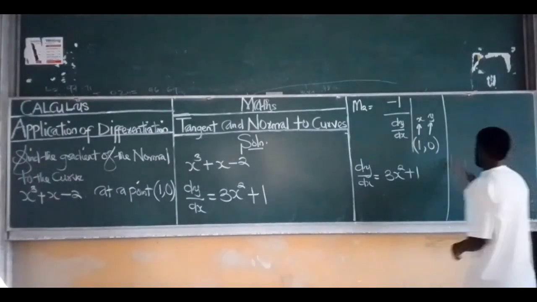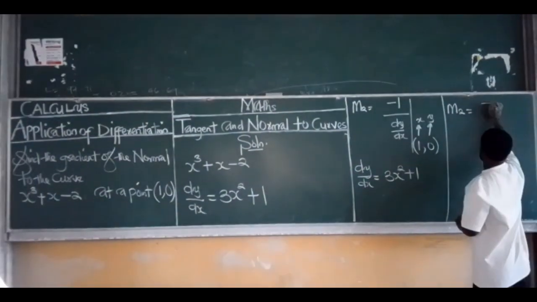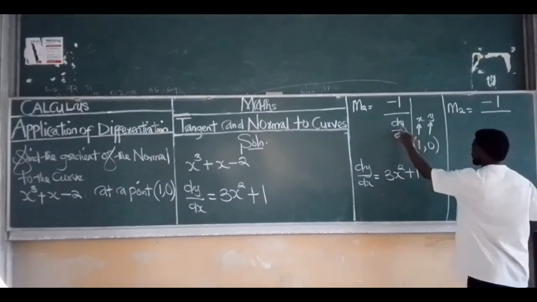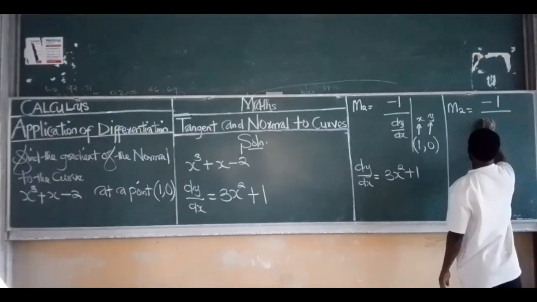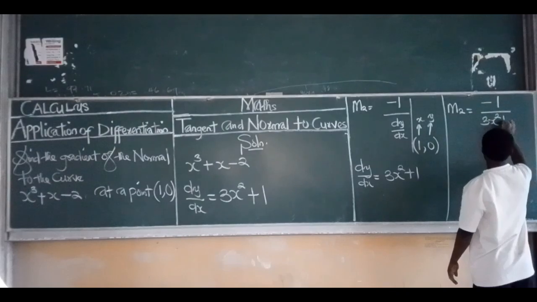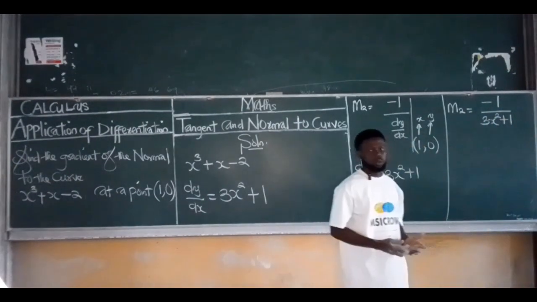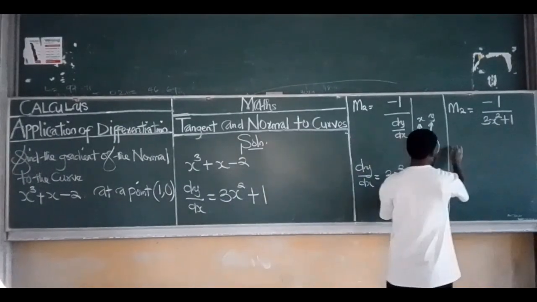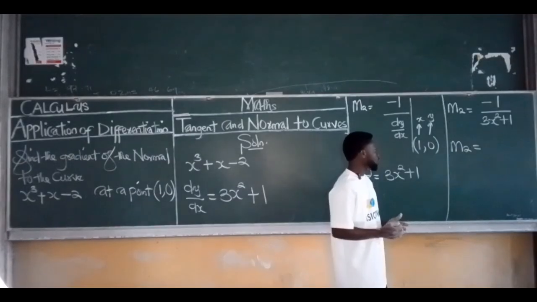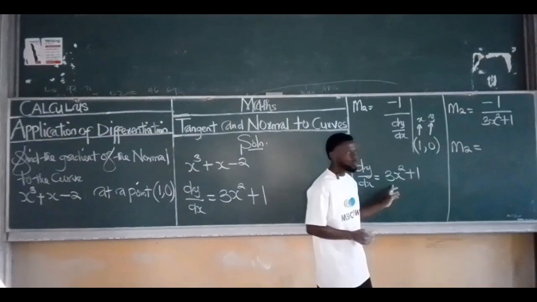So M2, gradient of the normal, will equal minus 1 divided by dy over dx, which is 3x squared plus 1. So now we can substitute. So M2 is equal to, at this juncture, we are not going to consider that of y, because in dy over dx, there is no y variable.